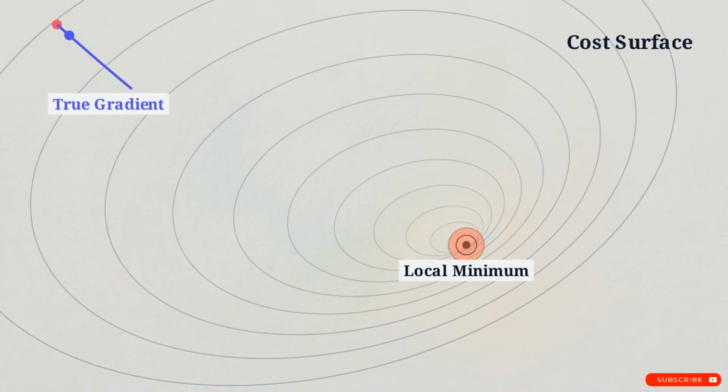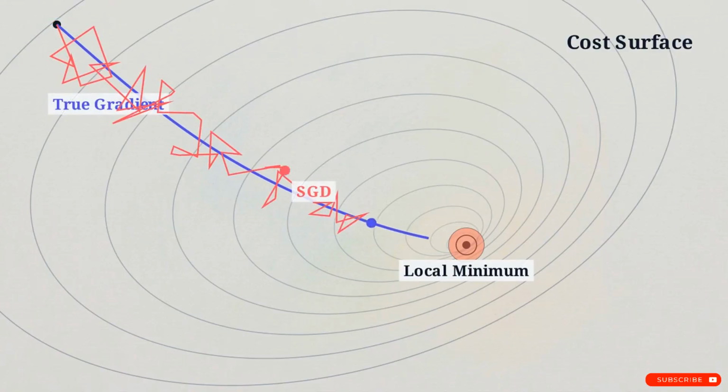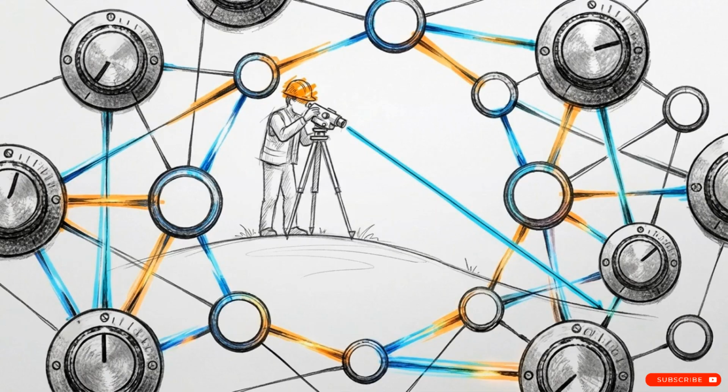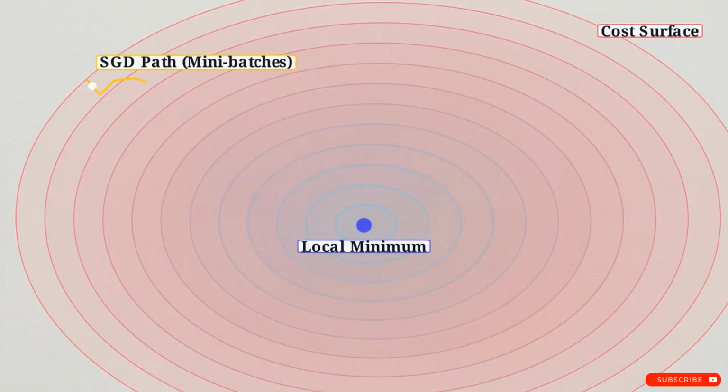Because the batch step relies on incomplete data, the path, labeled here as SGD, is jagged and less direct than the true gradient. It is like a drunk man stumbling quickly down a hill, rather than a calculating man taking slow, perfectly measured steps in the exact downhill direction. Even with this stumbling path, rapidly iterating through mini-batches allows the network to reach a local minimum of the cost function in a fraction of the time.